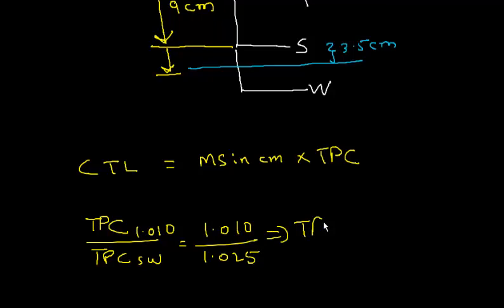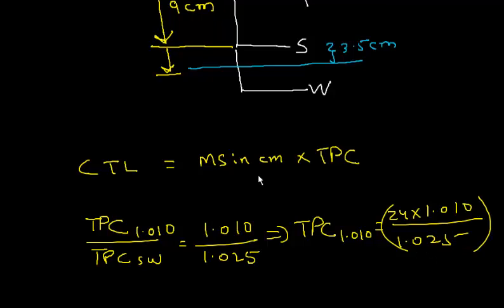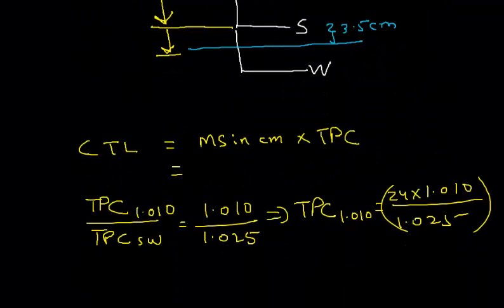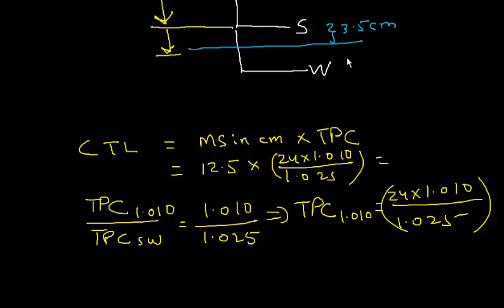This simply means that TPC 1.010 is TPC salt water, which was 24, I believe, multiplied by 1.010 divided by 1.025. If you want, you can use the same value here. So mean sinkage in centimeter was 12.5, and the TPC is 24 into 1.010 divided by 1.025. You can directly obtain the answer.